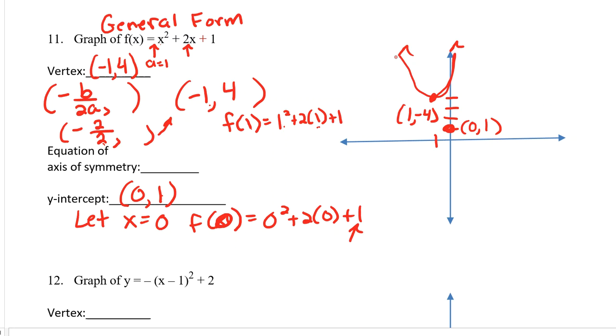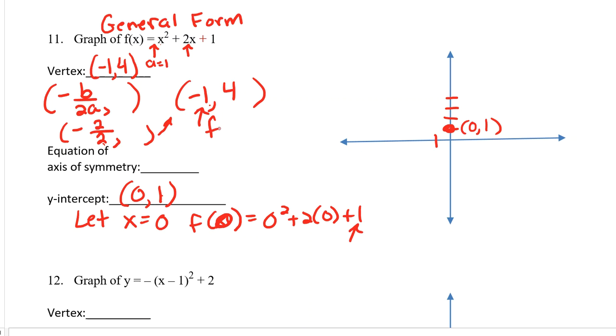If the parabola opened up, I would miss the y-intercept. So I can double check. This was my error right here. Our coordinate was -1, not +1. My mistake again.